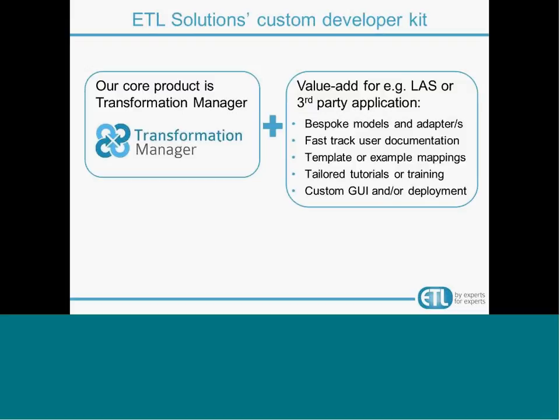So for ETL solutions, we have our core product, which is Transformation Manager. On top of that, we look at putting the value add, the extra components that make up our developer kit. So it can be bespoke models, such as models for PPDM that are enhanced slightly to ensure that we get maximum reuse of various bits of business logic.